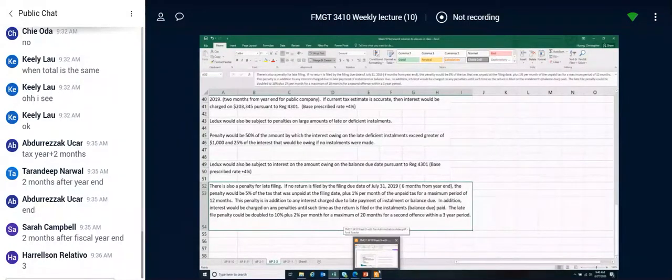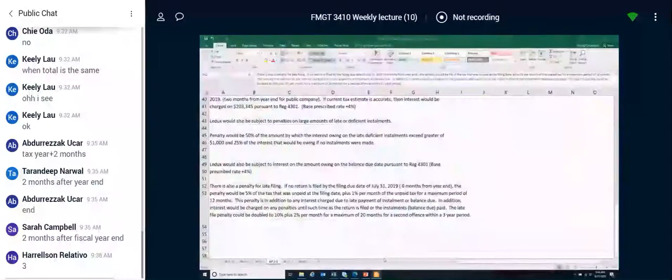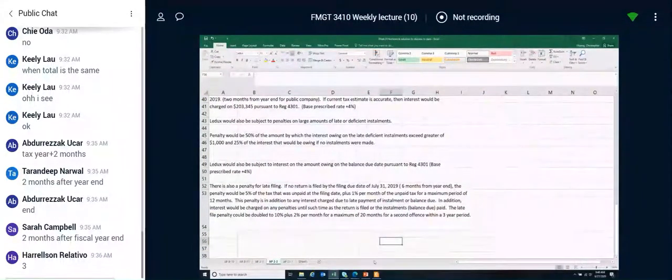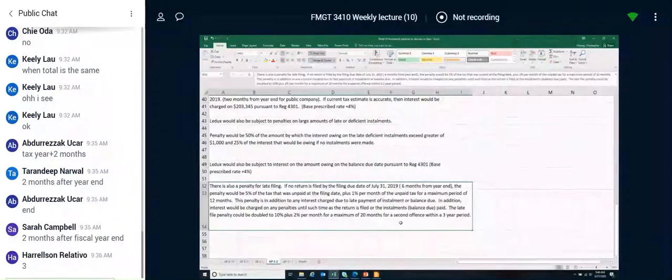Okay, so the key thing to note as well is, let's say for some reason in real life, you paid the sufficient amount of installments, and let's just say you paid your balance due on time, but you didn't file your tax return, okay?